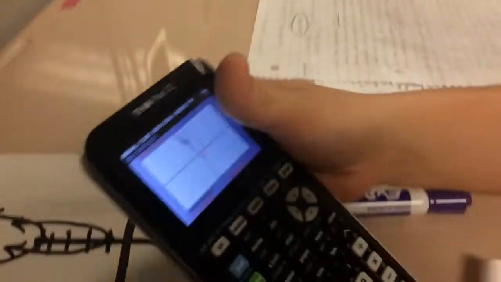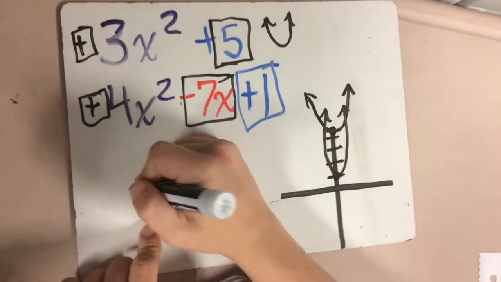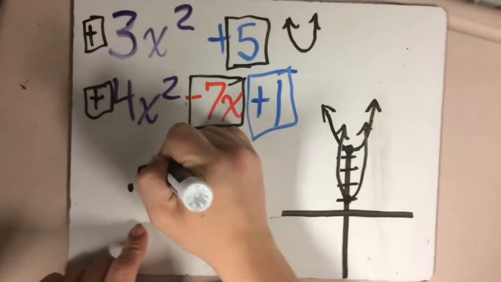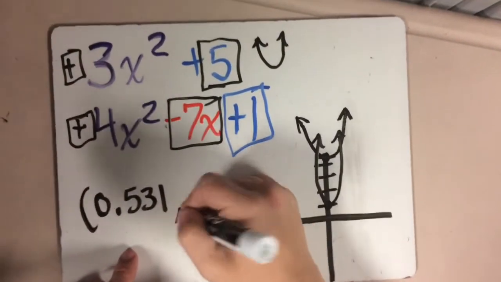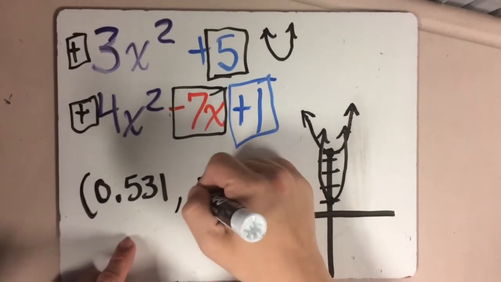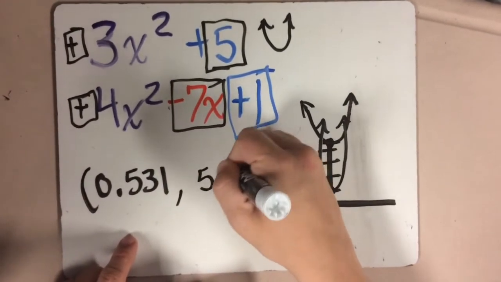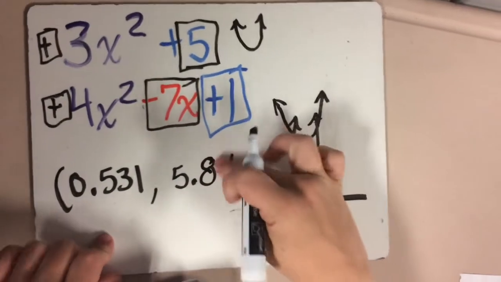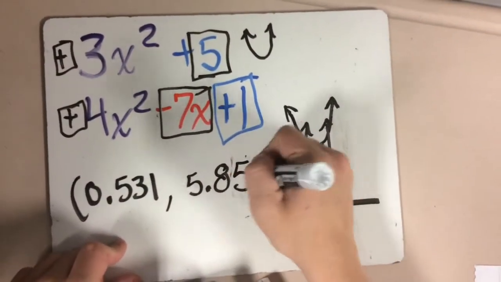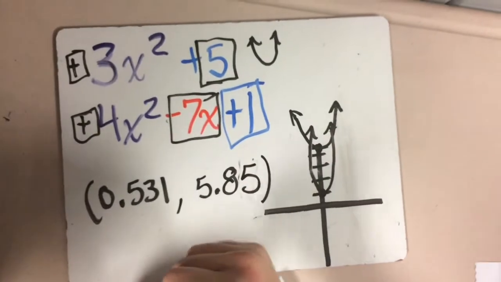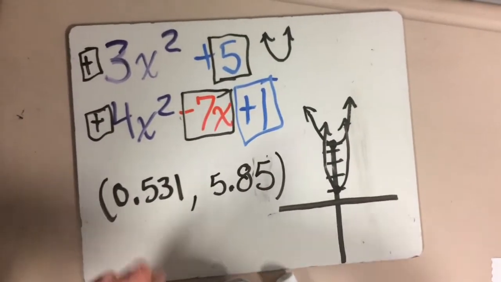So we'll write that down here. Negative 0.531, comma, 5.84. Or actually 5.85, because the 6 is after that, and that would round it up. So that's going to be your first intersection.